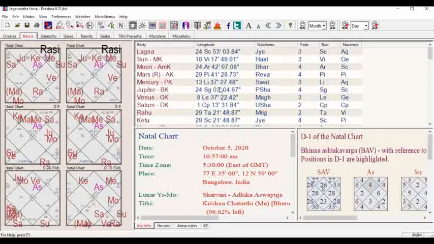So what can we predict? Ninth house means, and how do you interpret Mercury with the house of Dharma?